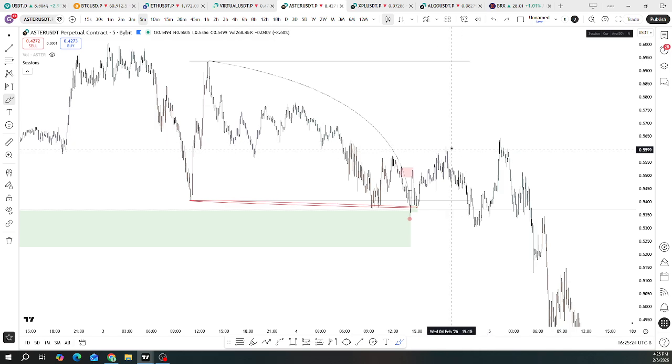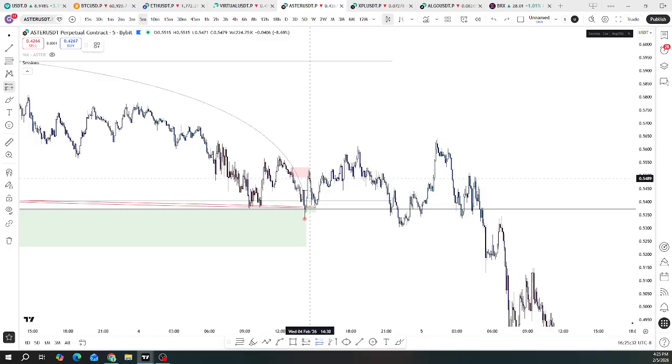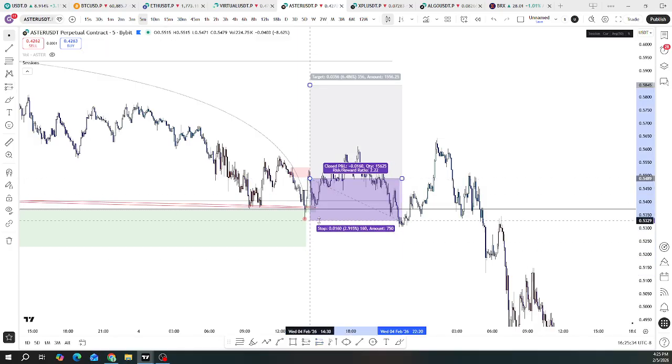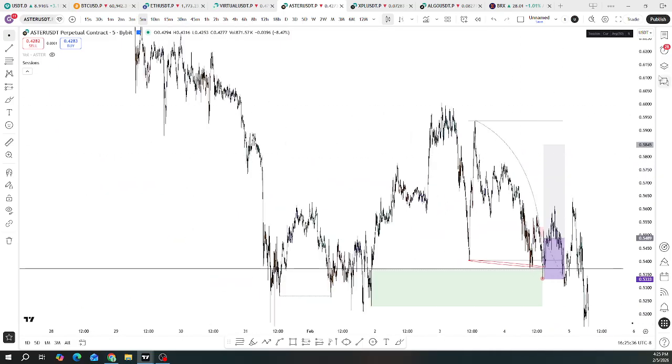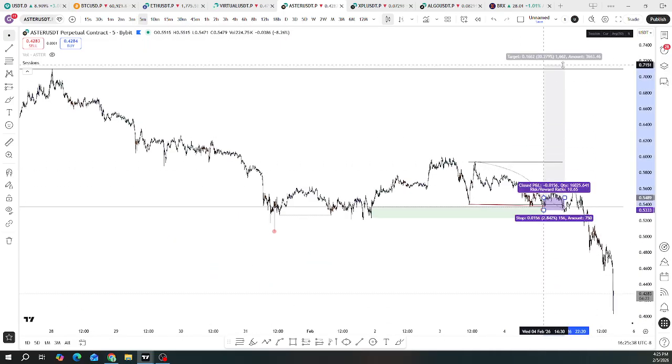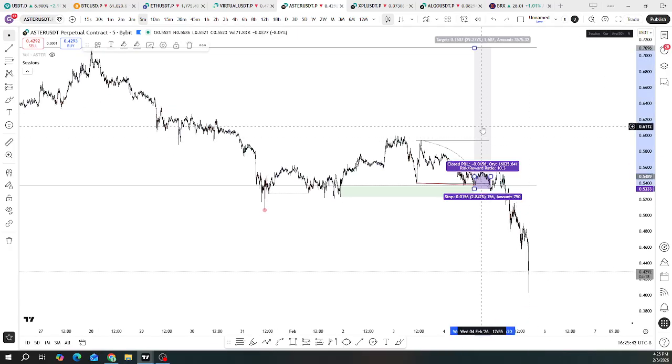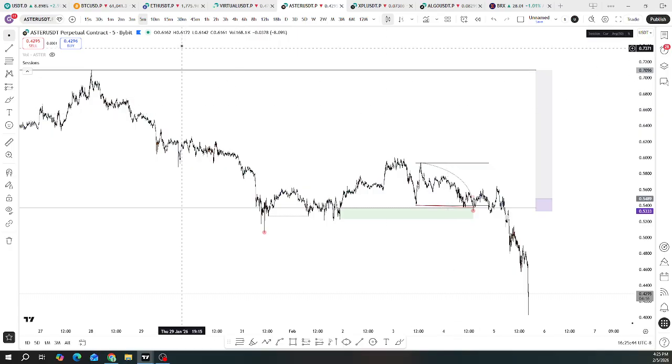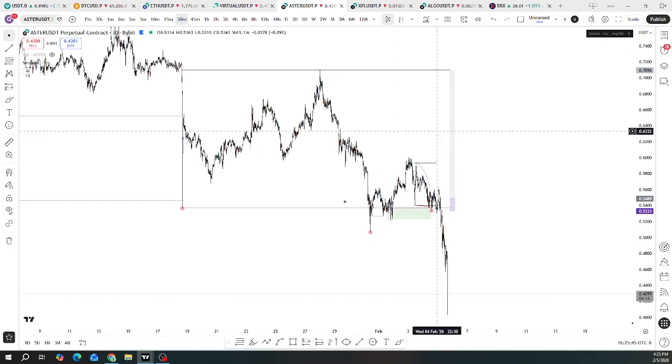For now, though, I'm willing to just accept the risk on a high probability model like this, because the RR, if this thing played out, was about a 10. So, high probability model, quality RR opportunity right there. So I just accepted the risk and accepted the loss.